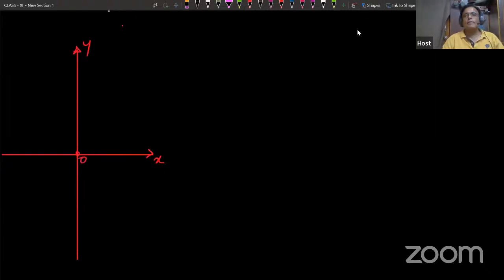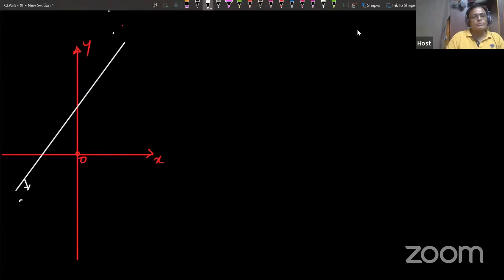Clearly you see that there is a line, and we have to find out its equation. I've given the slope as 1/2, and this is the y-intercept, c. C is equal to 5. That's all. What is the equation of this line?